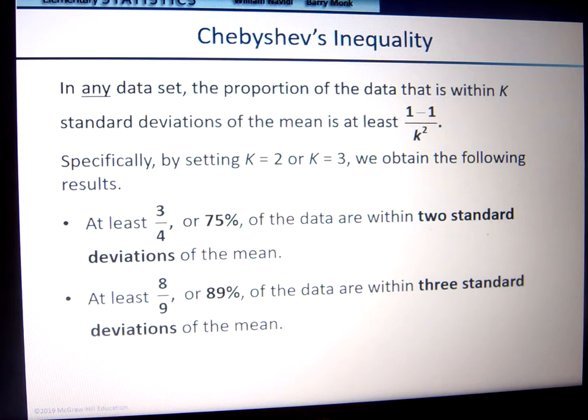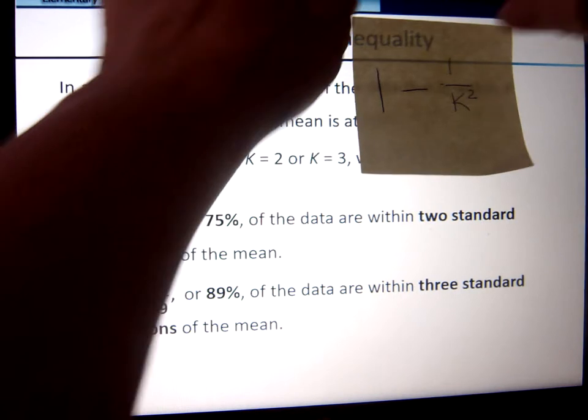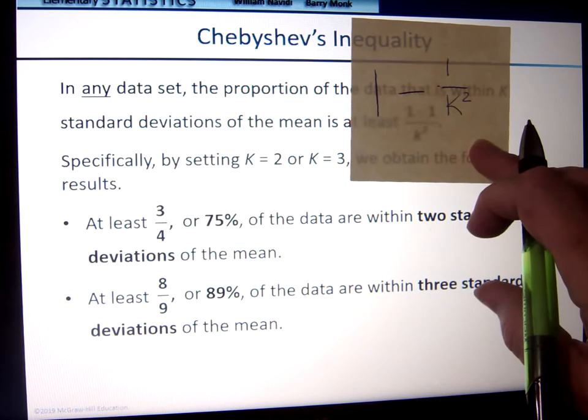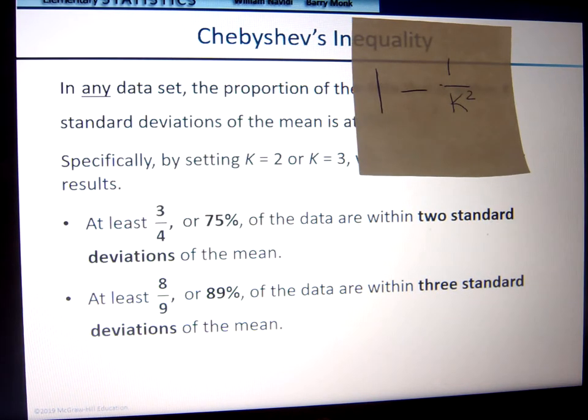We're going to have 1 minus 1 over k squared. Okay, so this is what it is. 1 minus 1 over k squared.